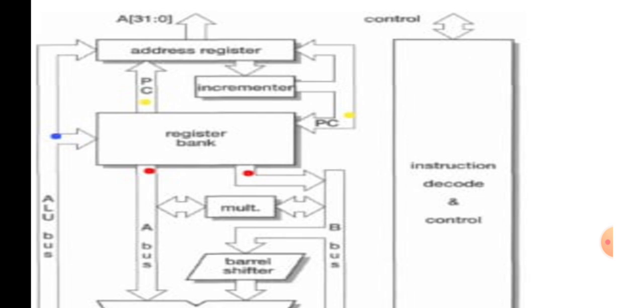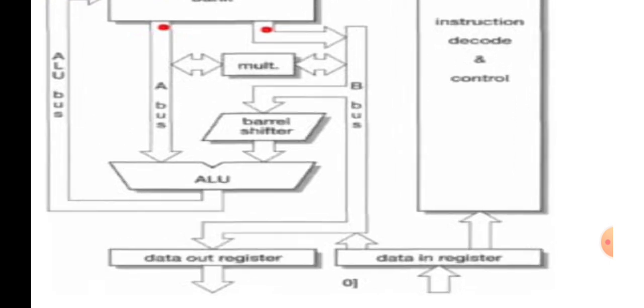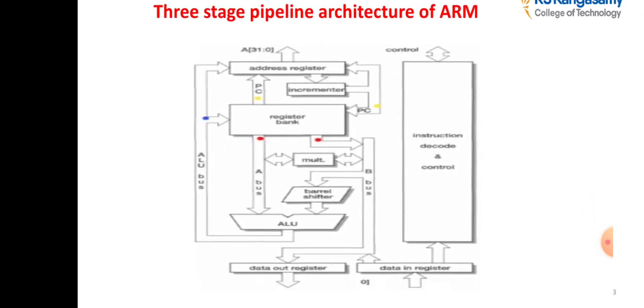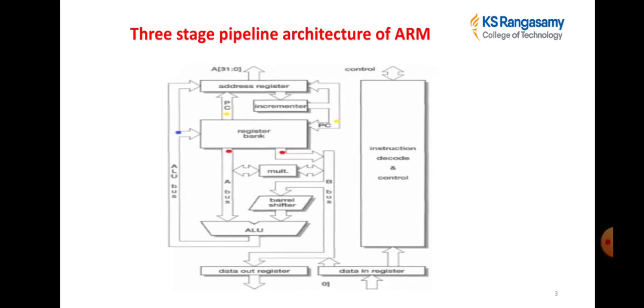In the register bank, you can select whichever register you want and access it. The barrel shifter selects only one operand from among all the bits, which is given to the arithmetic logic unit. In the arithmetic logic unit, all arithmetic and logic operations are done. After that, the data out register and data in register work as the control directs, and the instruction decoding task is completed.